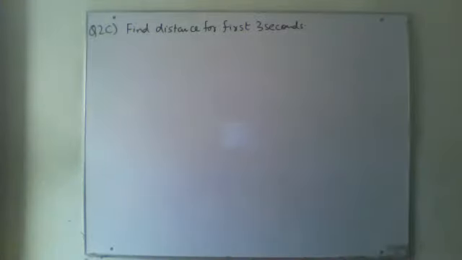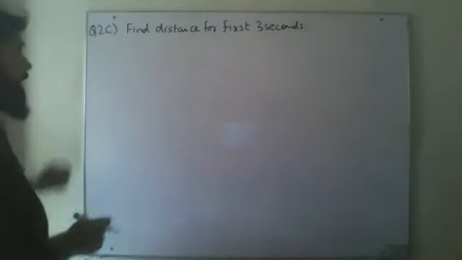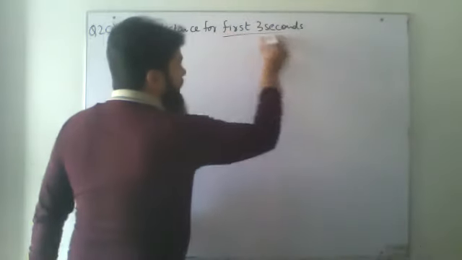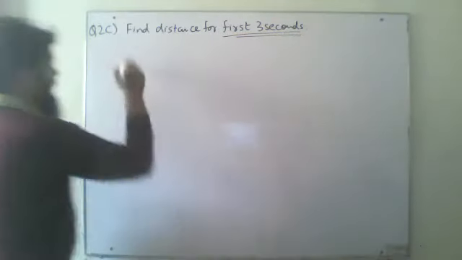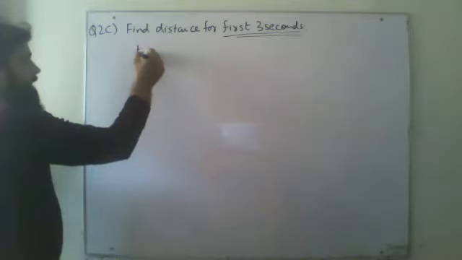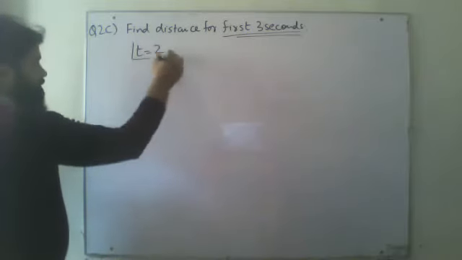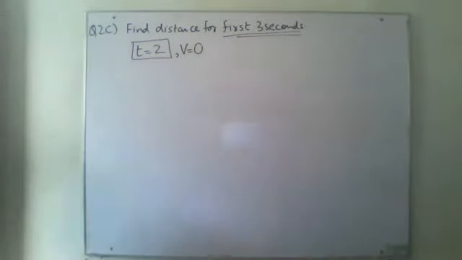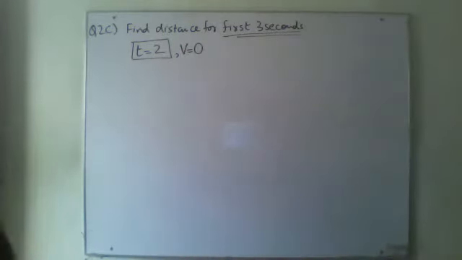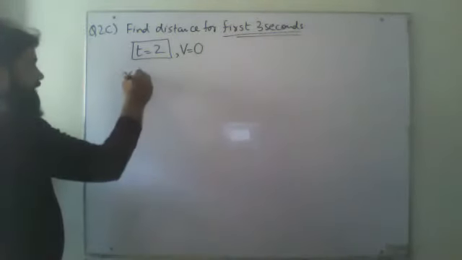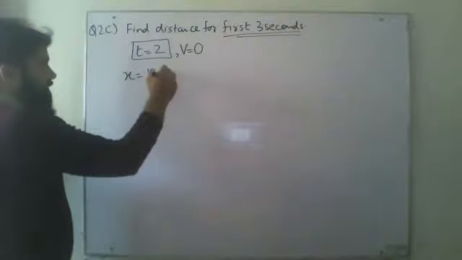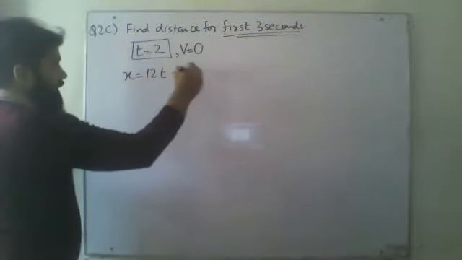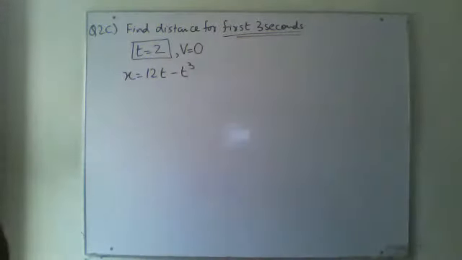How? Pay attention. In first 3 seconds, I have a turning point at t equals to 2, where my velocity was 0, like we have solved in the previous part. What will you do? Your displacement equation is x equals to 12t minus t cube.